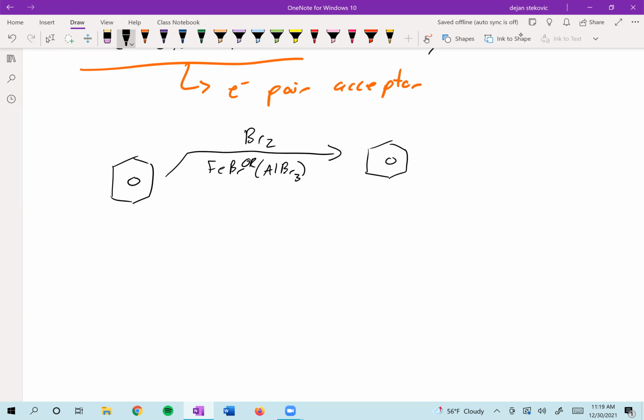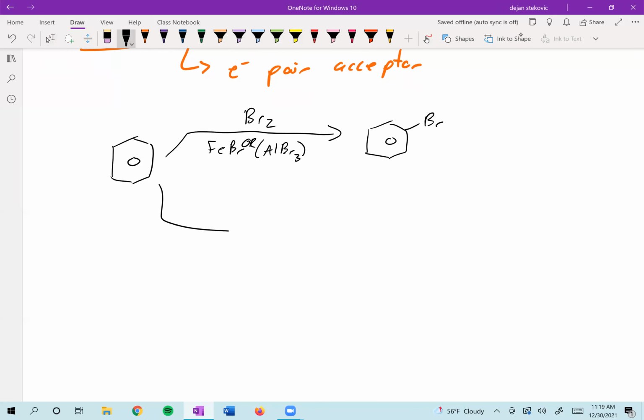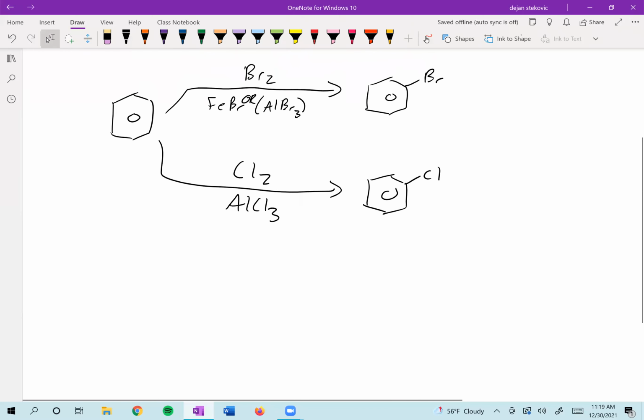And what's going to happen there is you'll just add a bromine onto your benzene ring. If you wanted to add a chlorine, you would just use aluminum chloride. And if you wanted to add fluorine or iodine, there are ways to do that as well, but we're just going to focus on the bromine and the chlorine.